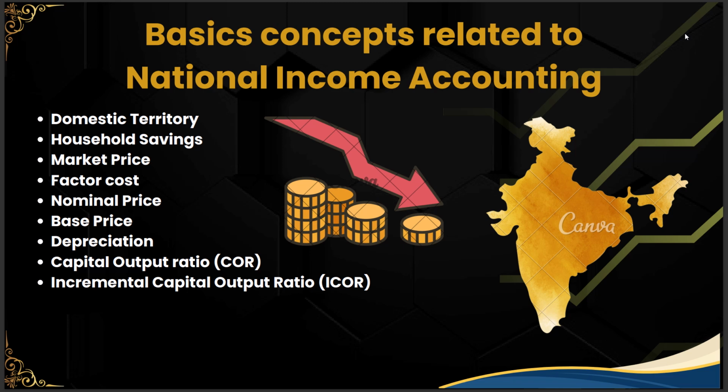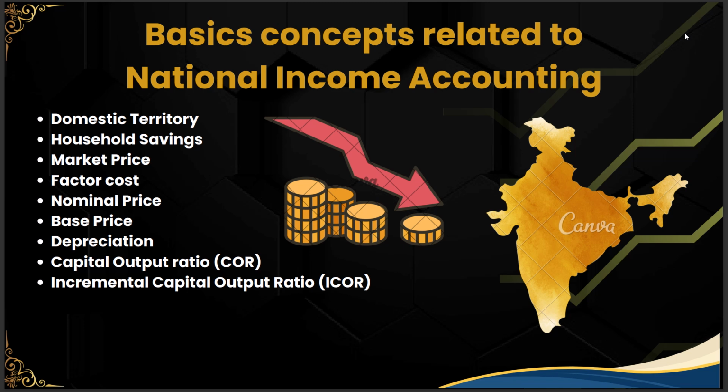Now what is the price of tomato in 2024? It is 50 rupees. So there has been a 25 rupees increase in the price of tomato. So base price is used to compare the increase or decrease in income, and it is calculated with reference to a particular year, which usually refers to the base year.